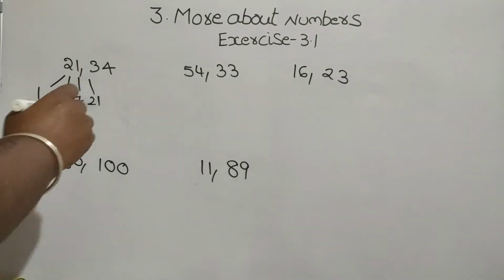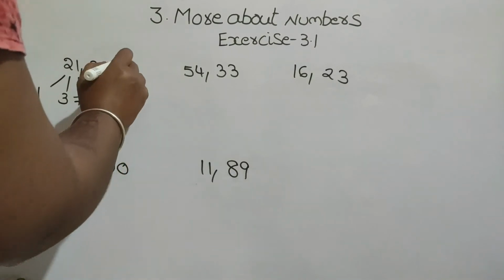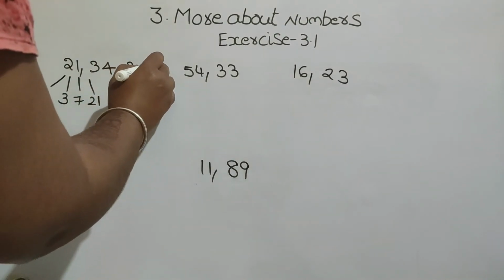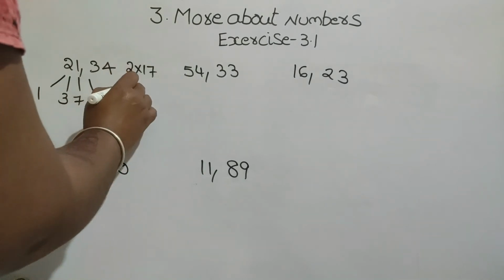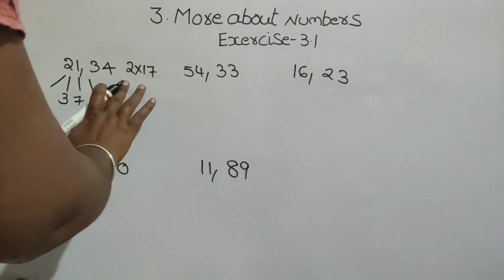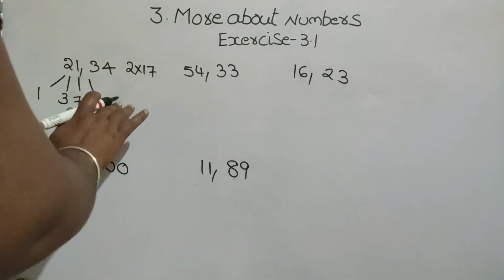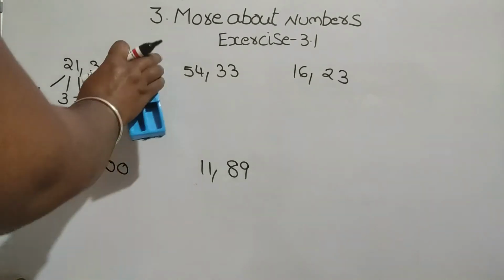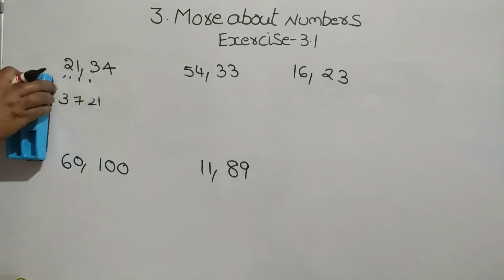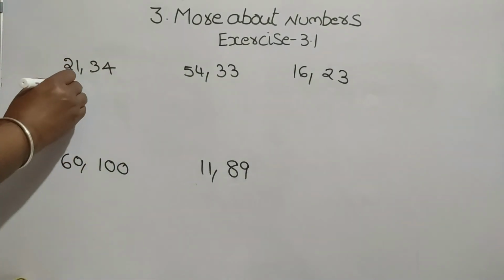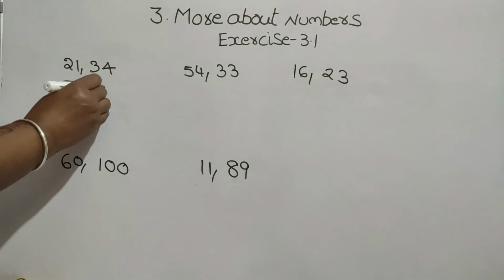Now for 34, 2 17s are 34, 3 will not go, 4 will not go, 5 is not there, 6 will not go. So only 2 and 17 we have. So they don't have any common factor between 21 and 34 except 1. So this is a coprime.